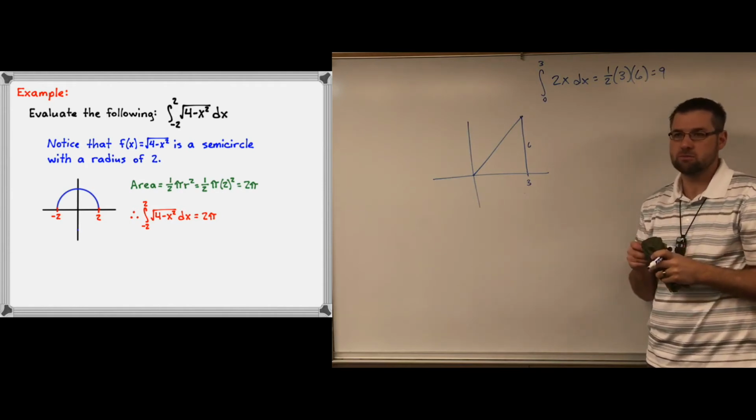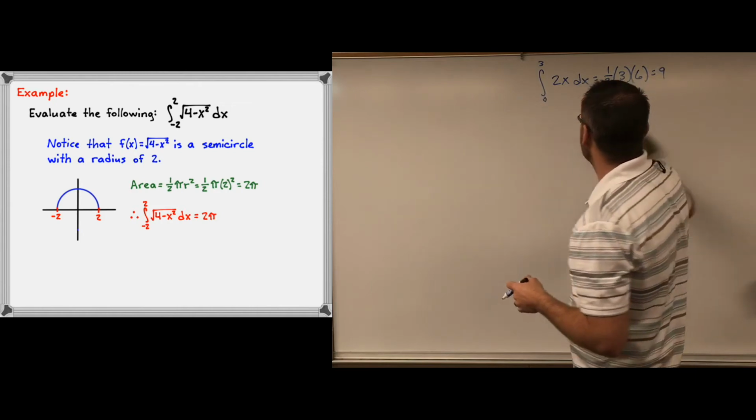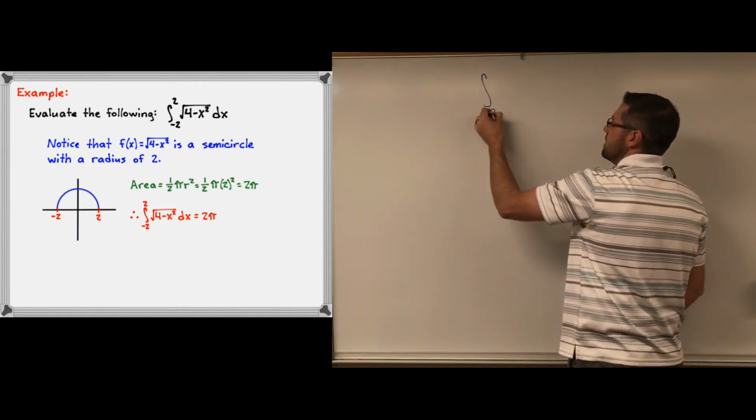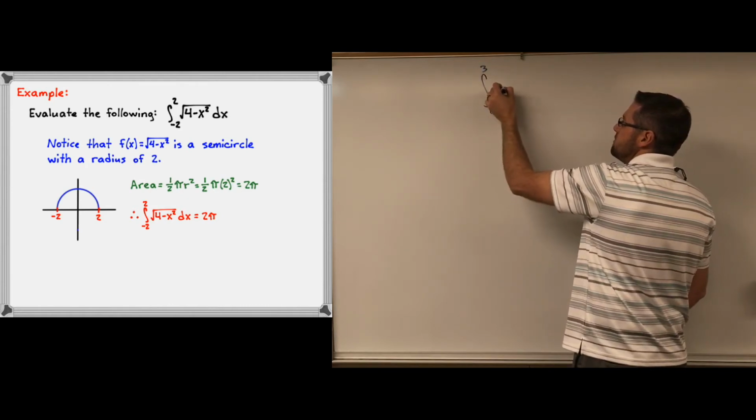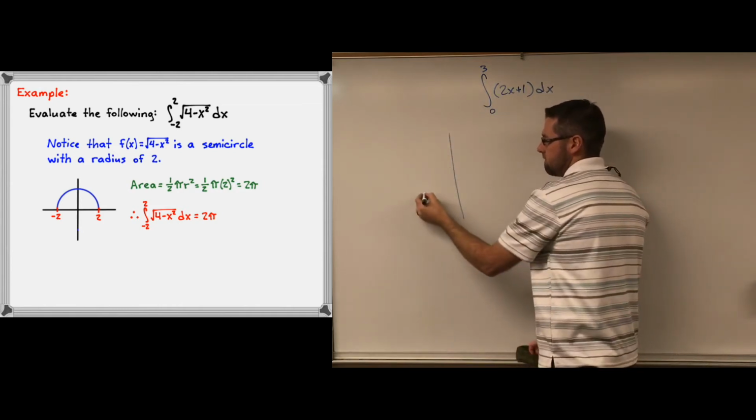The integral, the definite integral. All right, here's maybe a little bit of a twist to scare you. You've already scared me enough. The integral from 0 to 3 of 2x plus 1. Just that little plus 1. What do you think?